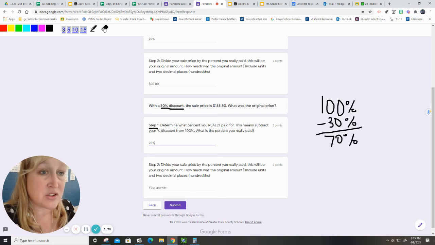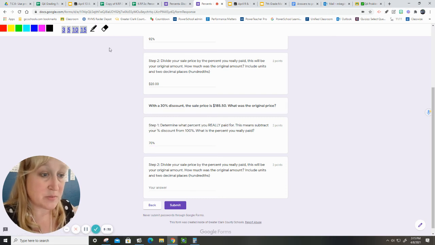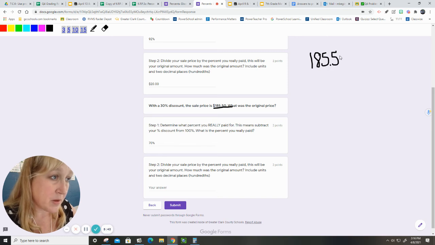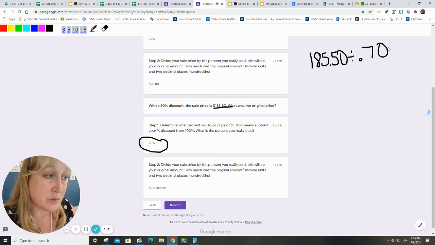And then I'm going to make sure that I'm reading the instructions that tell me what to do. It says divide my sale price. My sale price was $185.50. I'm going to divide it by the percent that I paid, which was 0.70.